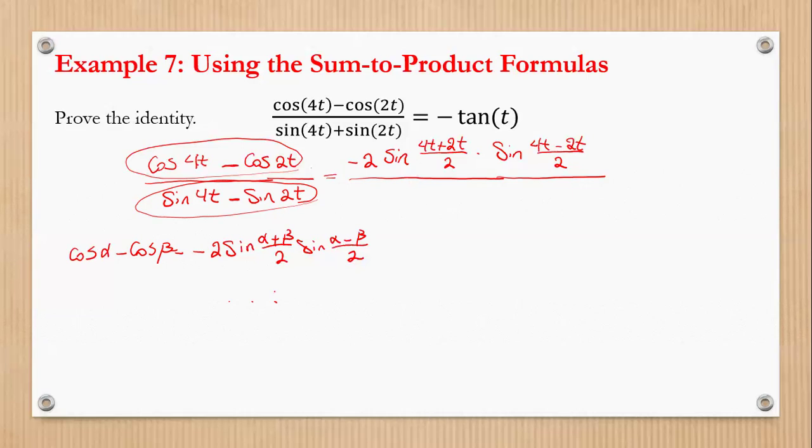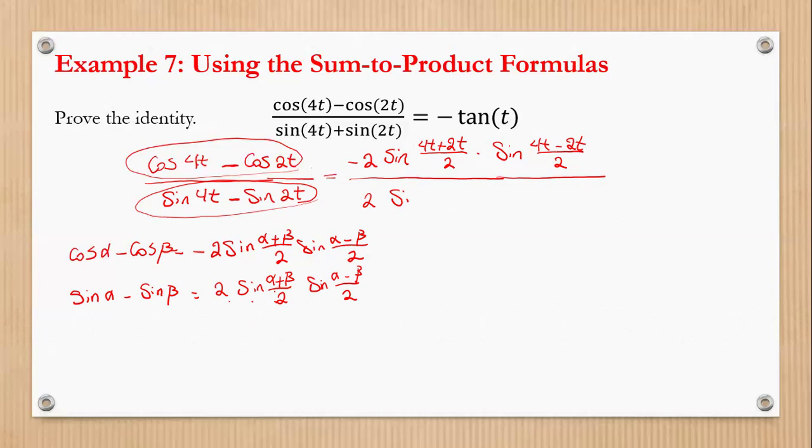The formula for the sine, what is the formula for the sine of alpha plus sine of beta, which is 2 sine of alpha plus beta over 2 cosine of alpha minus beta over 2.